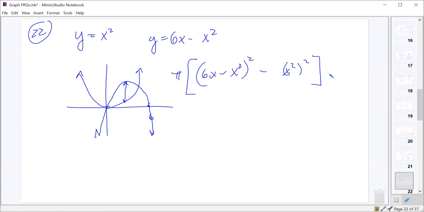And so we are interested in when that is at a maximum. In order to figure that out, we'll need a derivative. Probably better to distribute this out first. Everybody good with that being the area of a cross section? That's just from our volume and area unit.